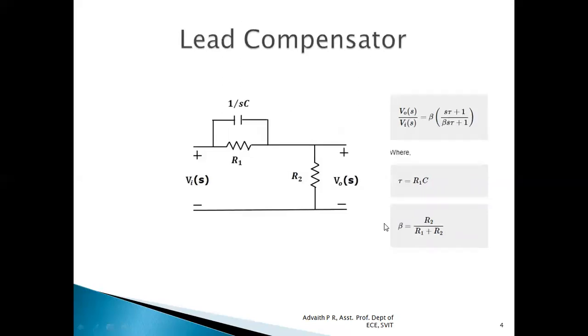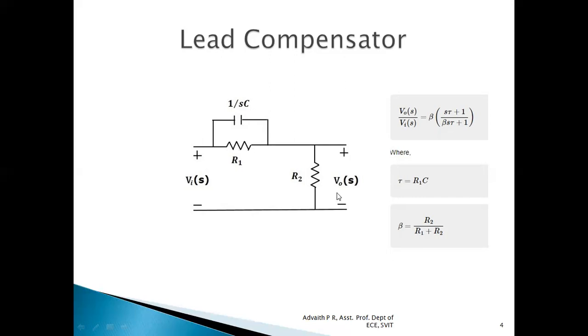Similarly, let us understand what is meant by the lead compensator. A lead compensator is an electrical network which produces a sinusoidal output having phase lead when a sinusoidal input is applied to it. The lead compensator network in S domain is as shown in this particular figure. If we observe, the capacitor is in parallel with the resistor R1 and the output is measured only across R2.